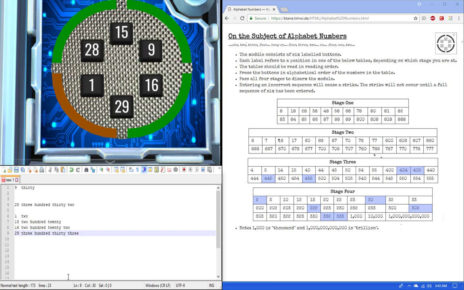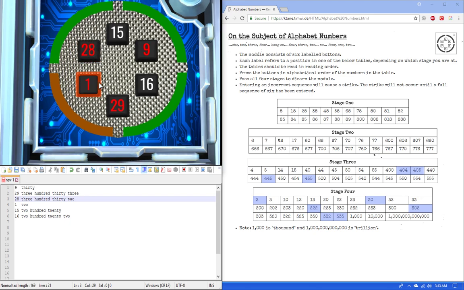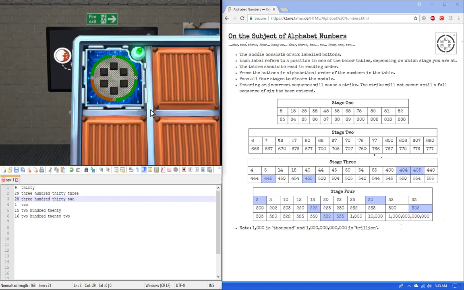So this is 33, well that's 32. So this is going to come before 32. Next we have 2 and 200, 20 and 222, which is all arranged beautifully. So this is our final answer, which is 9, 29, 28, 1, 15, 16. And that's a solved module.